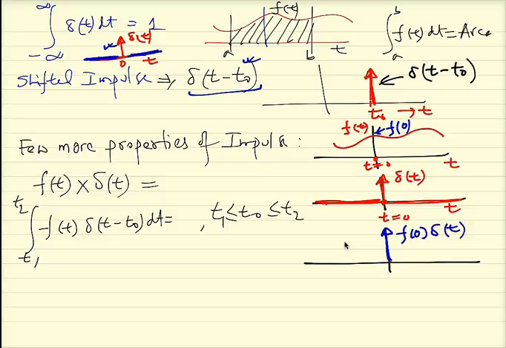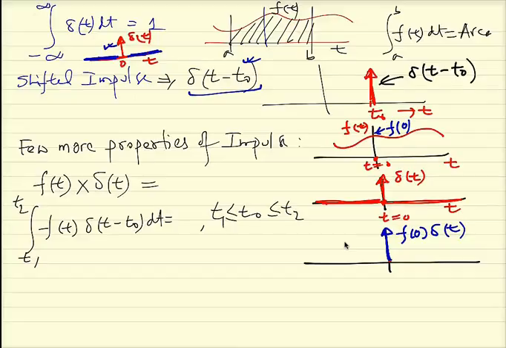Again, if you multiply a signal with an impulse, you get an impulse, and that impulse has a strength equal to the value of the function where the impulse is located. Here the impulse is located at t equal to 0, so the value of the function is f0. But if you have an impulse located at t naught, then after multiplication you should get f of t naught into delta t minus t naught.